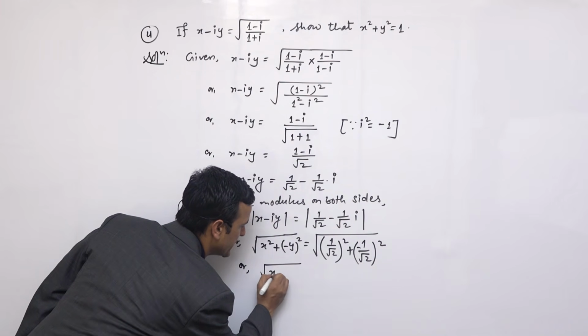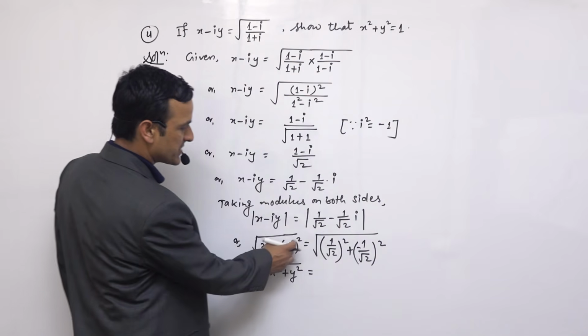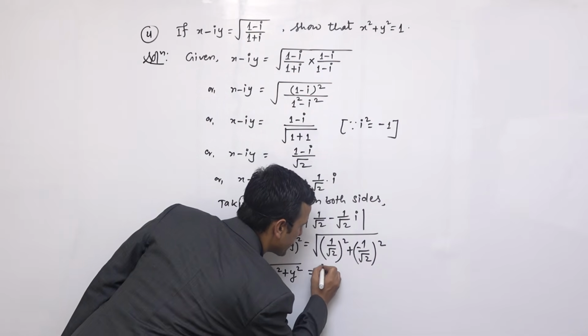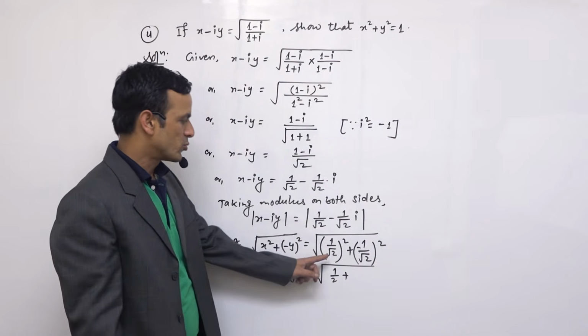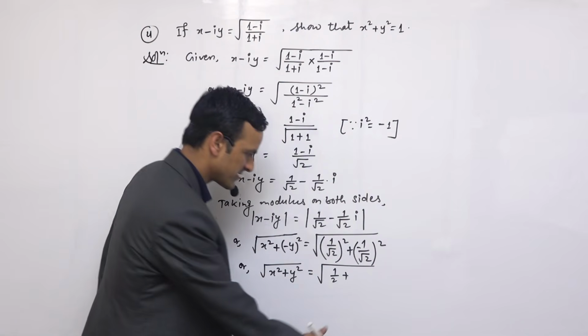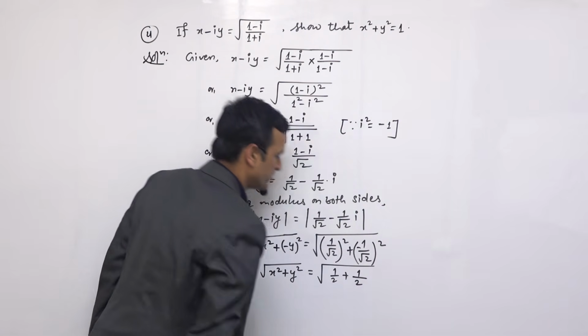Root under, here is x square plus y square. Minus square means it is plus, and here is 1 by 2, since root 2 square means 2, and minus square means plus, and 1 upon root 2 square means 1 by 2.